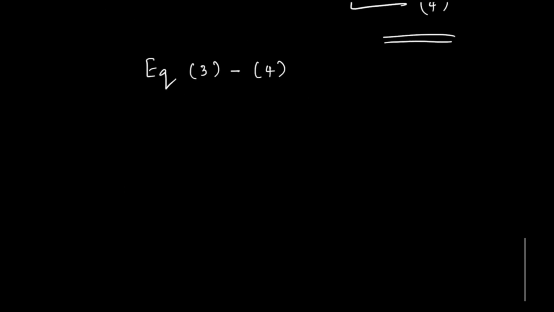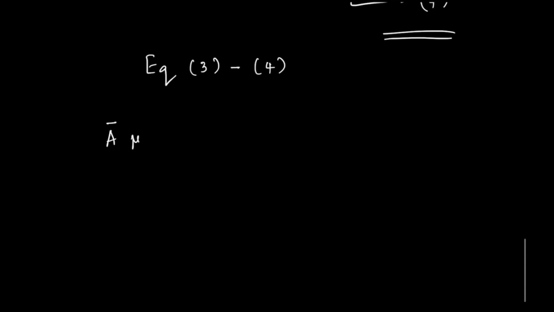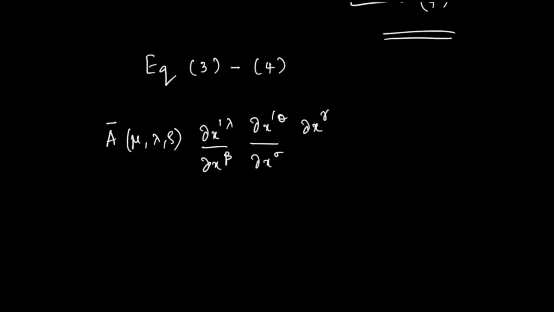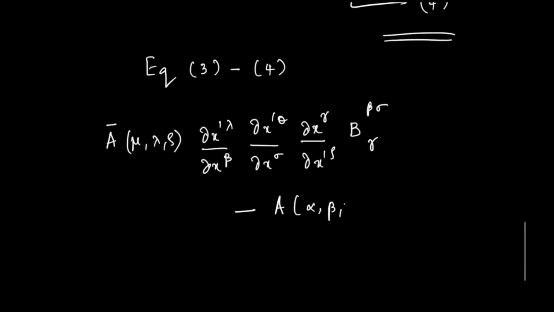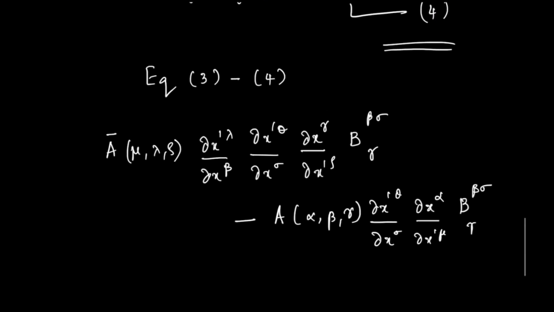And on the left hand side I have to subtract: A bar of mu lambda rho, partial derivative of x prime lambda with respect to x beta, partial derivative of x prime theta with respect to x sigma, partial derivative of x gamma with respect to x prime rho, B beta sigma gamma, minus A of alpha beta gamma, partial derivative of x prime theta with respect to x sigma, partial derivative of x alpha with respect to x prime mu, B beta sigma gamma, is equal to 0.